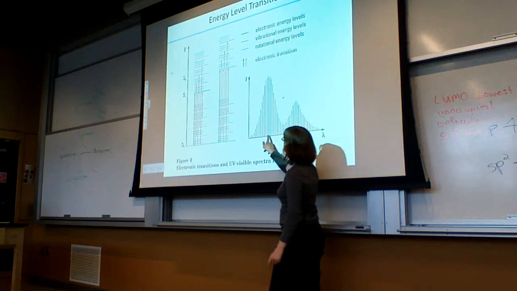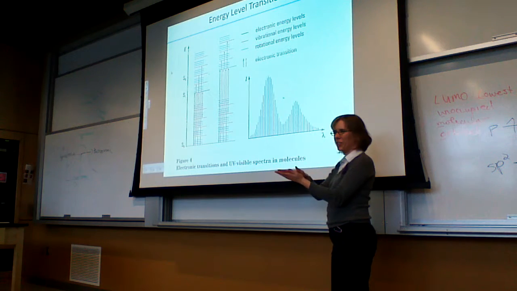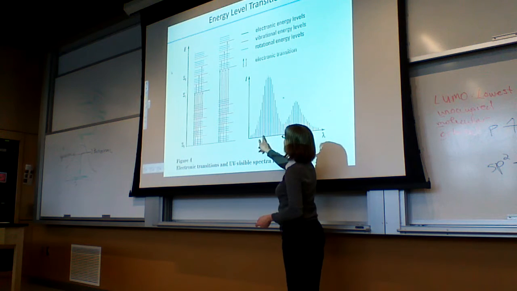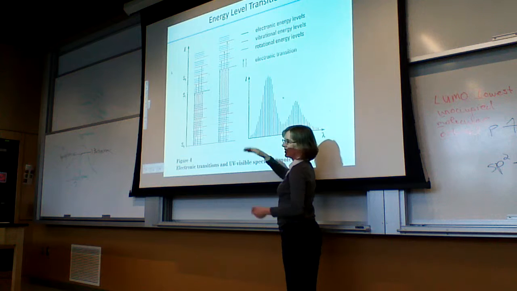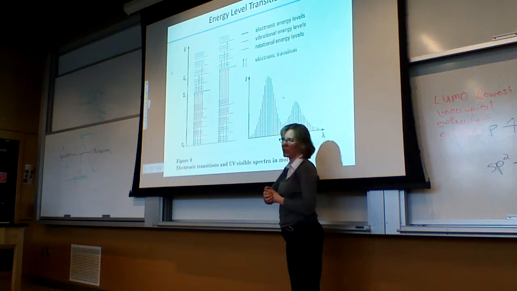And so the one where you're at the lowest vibrational and rotational energy state is going to be the lambda max. But then you have all the rotational states and the vibrational states.